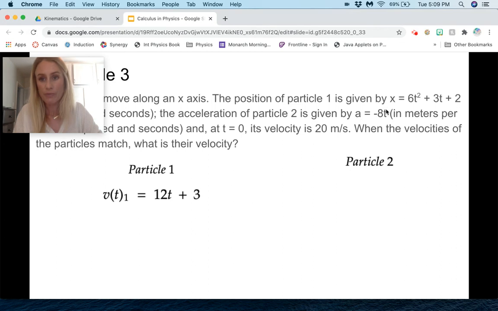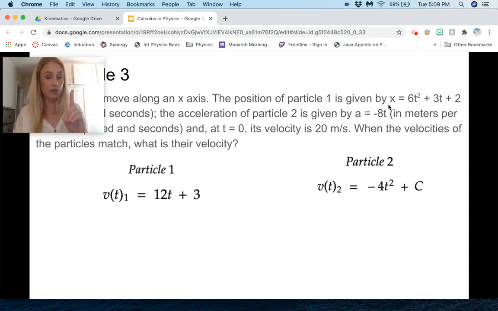I know that this is like negative 8t to the first power. So again, we add 1 to that, so that's negative 8t squared. We're then going to divide by 2, so negative 8 divided by 2 is negative 4. Don't forget to add the c. So we end up getting that the velocity function for particle 2 is negative 4t squared plus c.